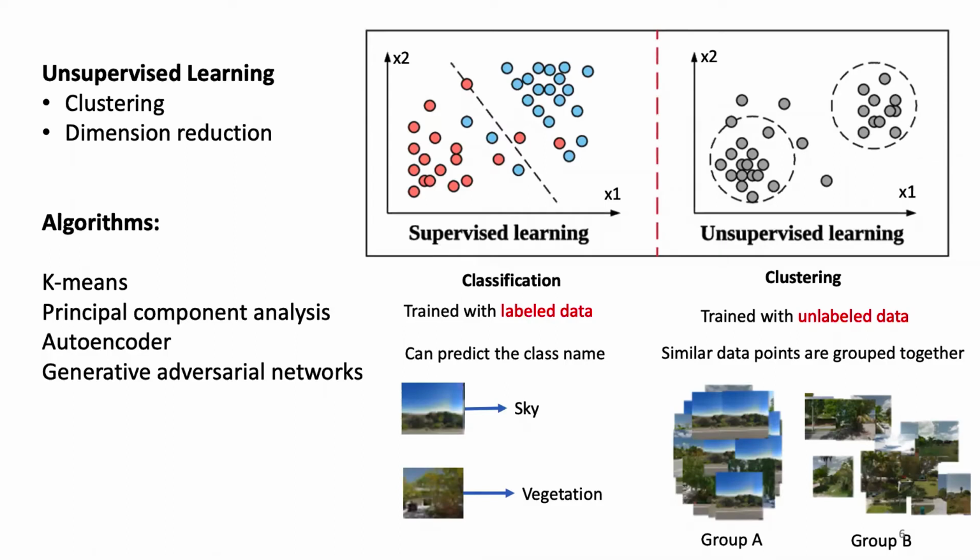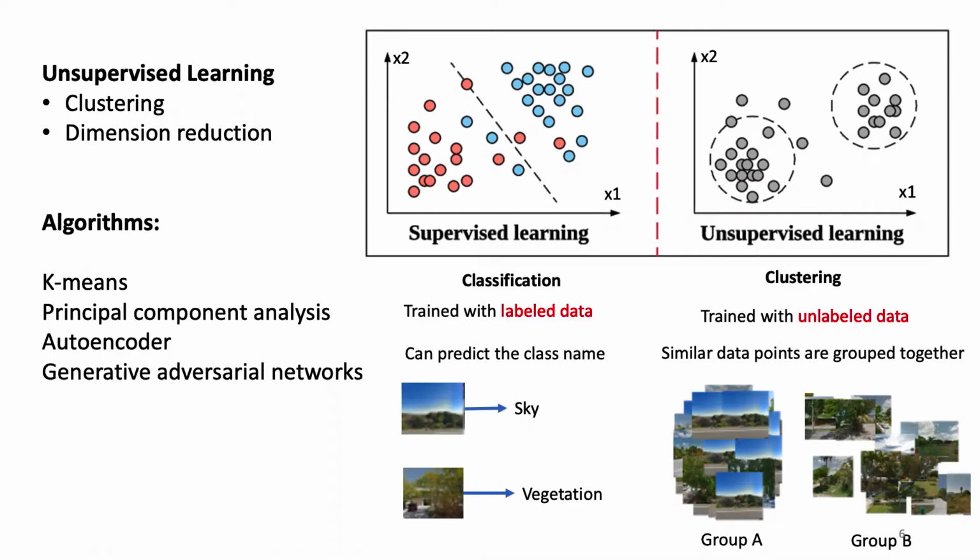To compare supervised and unsupervised learning, we have an example shown in this slide. Classification is the most popular problem in supervised learning. The counterpart in unsupervised learning is the clustering problem. So we can compare them here to get a sense of the differences.